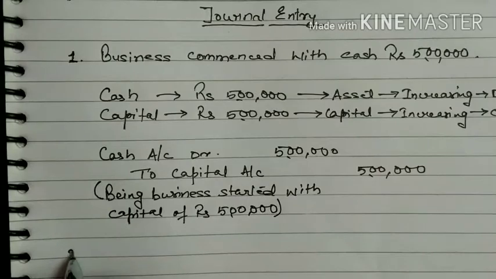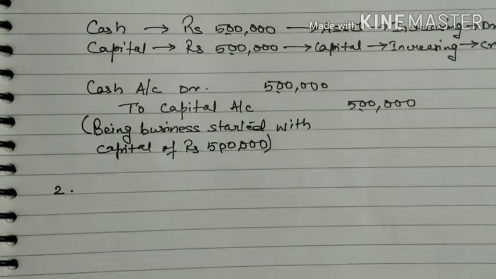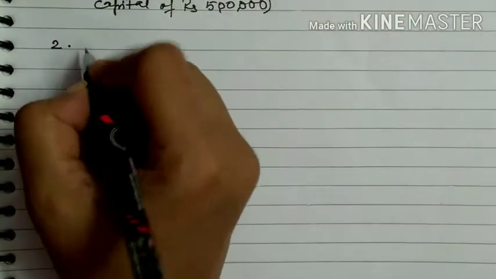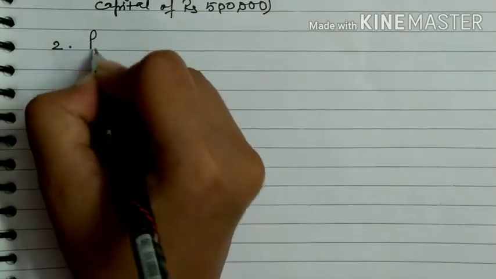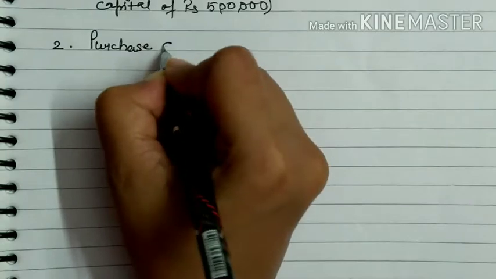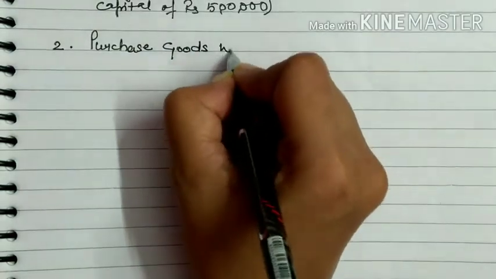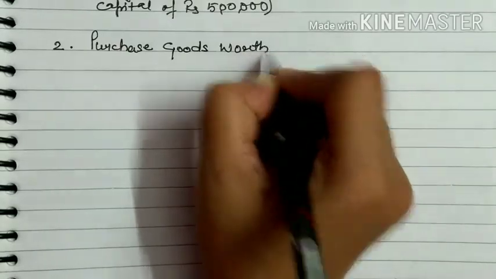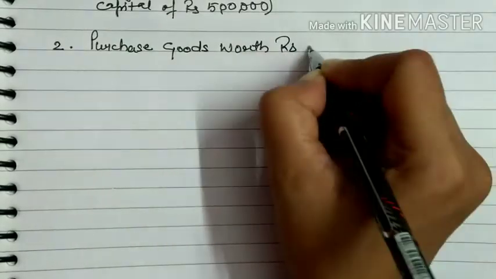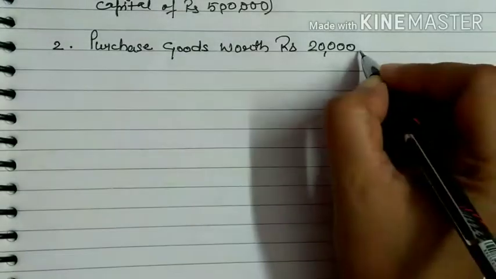now if we take the second transaction, purchase goods worth rupees 20,000.